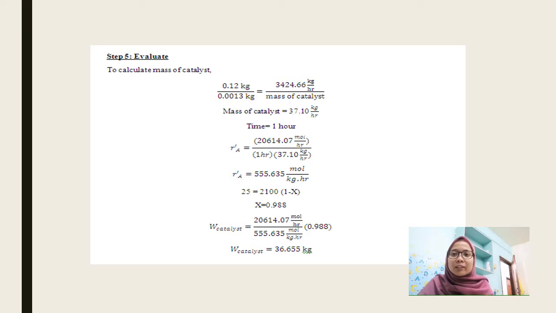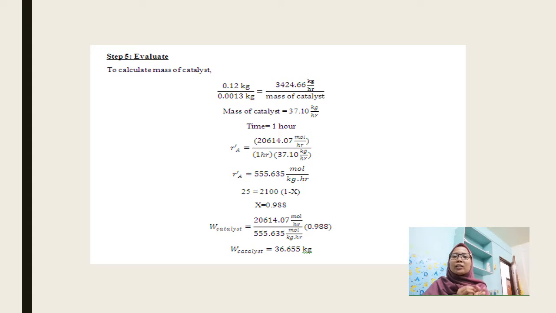From the mass of the catalyst, we find the rate of reaction RA, which is in the formula of mole of A reacted over time and mass of the catalyst. Then we get RA is 555.635 mole per kg per hour, and we find the conversion. We know that the product that we want must have impurity less than 25 ppm.